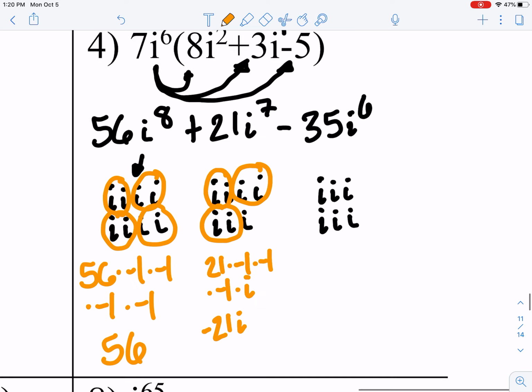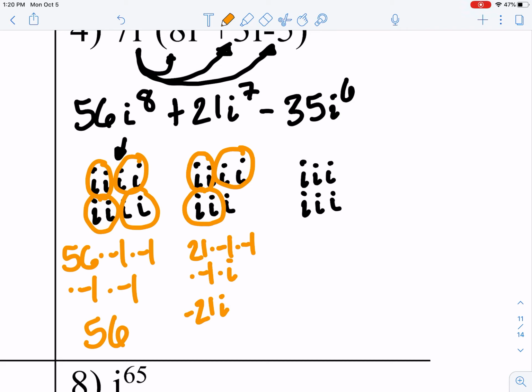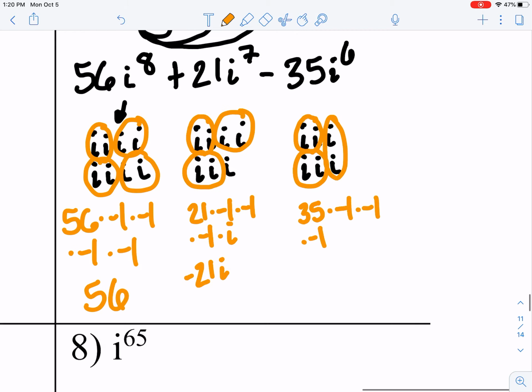And then I. And I to the 6th. It's 1 group, 2 groups, 3 groups. So 35, negative 1, negative 1, negative 1. So just minus 35.